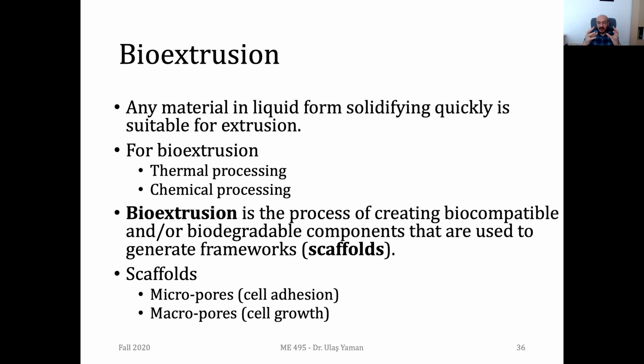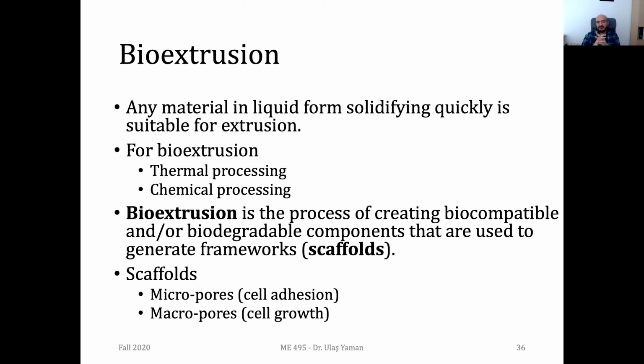We'll put our material in that chamber, and then with the help of sometimes pressure or some chemical reactions, we will be extruding these biological materials out of the nozzle. For bioextrusion, we may be using some thermal reactions, thermal processing, or some chemical reactions can also be utilized.